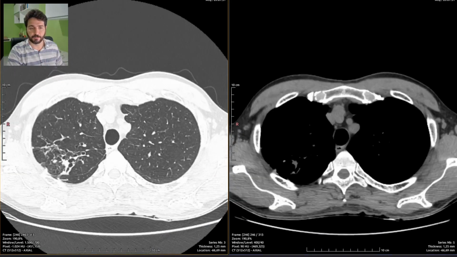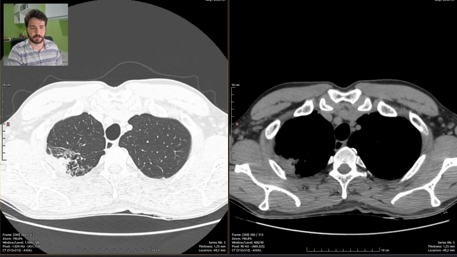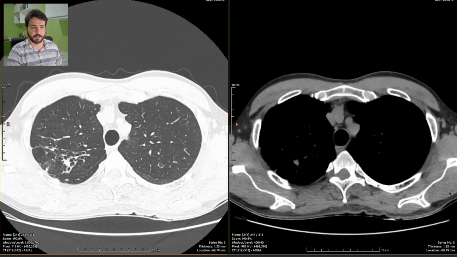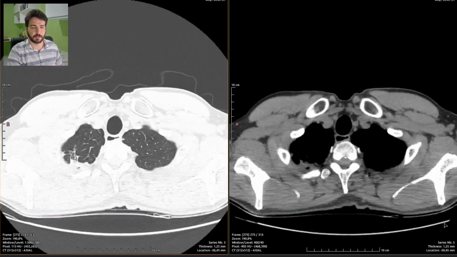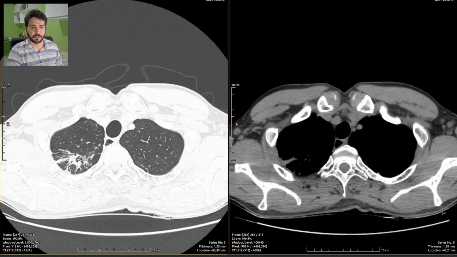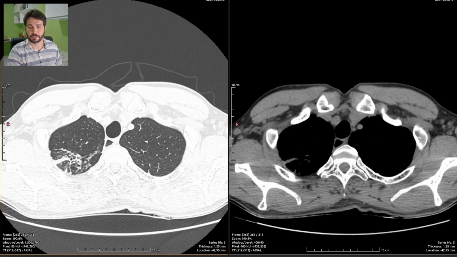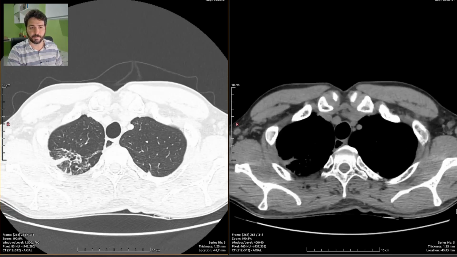We are looking for lung disease, and there it is. A bunch of lung scar tissue on both upper lobes of the lungs, especially on the right side.